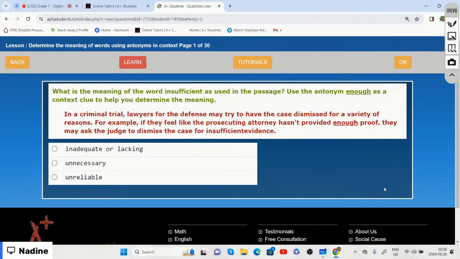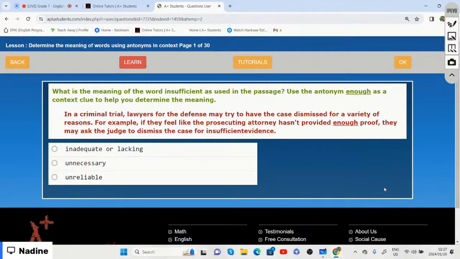So, in a criminal trial, lawyers for the defense may try to have the case dismissed for a variety of reasons.